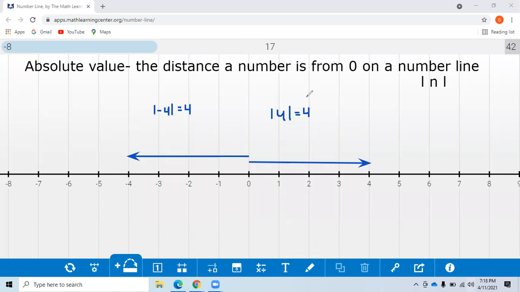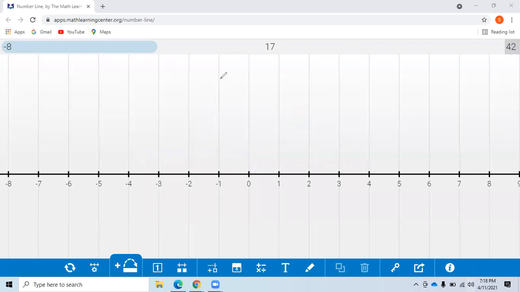Let's look at -6 and 6 and find the absolute values of those numbers. So if I want to find the absolute value of -6, I need to determine how far it is from 0 on the number line.